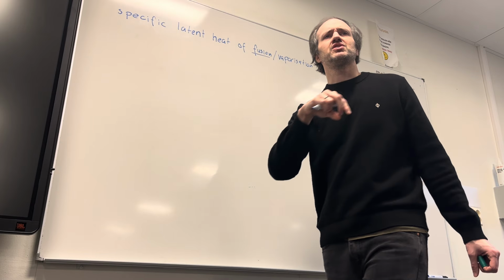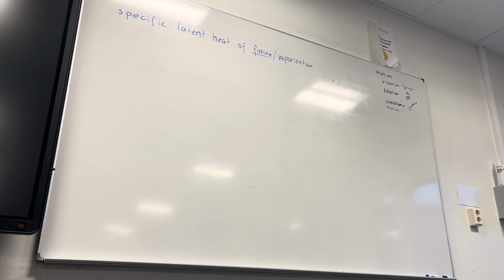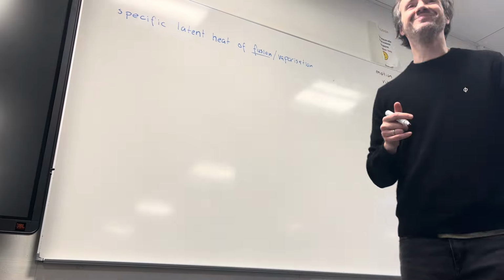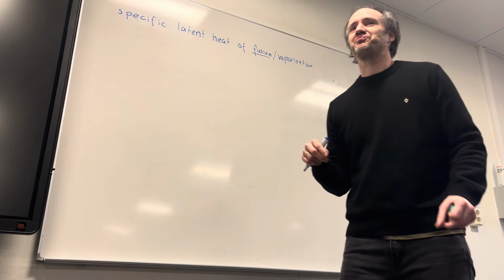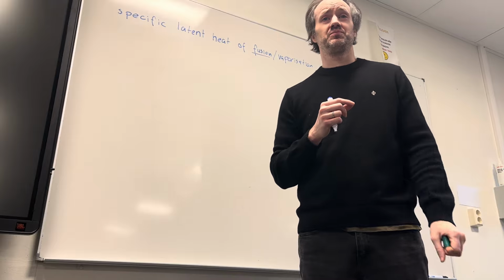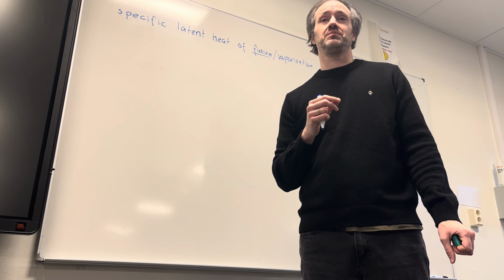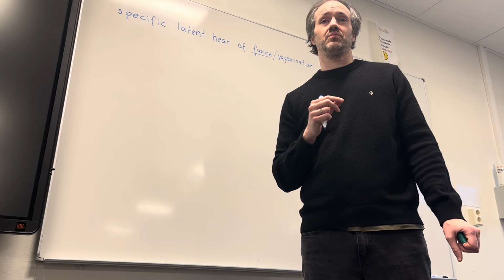Remember that I did specific heat capacity. What was specific heat capacity? Ian, what is specific heat capacity? It's the amount of energy that we need to increase the temperature of the mass by a certain amount, by 1 degree.